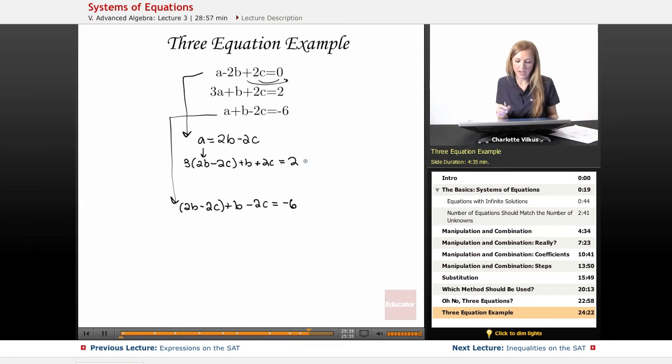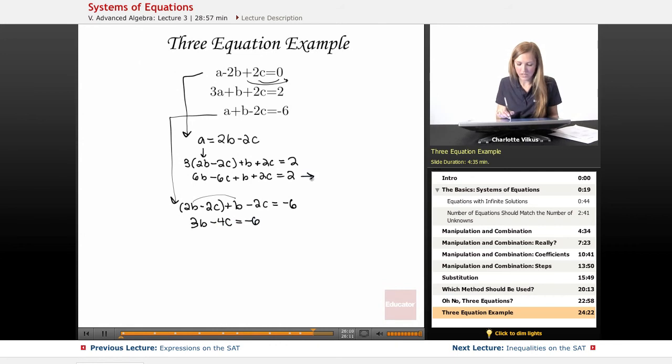Then we want to simplify both of these equations, and here I'm going to have 6b minus 6c plus b plus 2c equals 2. And the second one, I'm going to have 2b, and this one I don't need to multiply out, so 2b plus b is going to give me 3b, and then -2c plus -2c is going to give me -4c, and that is equal to -6.